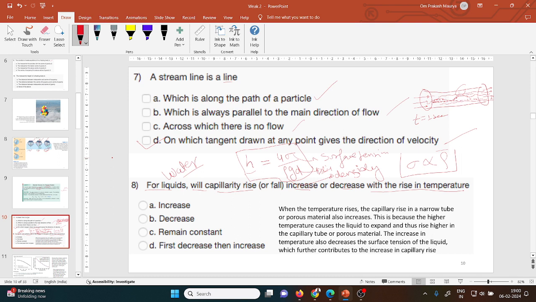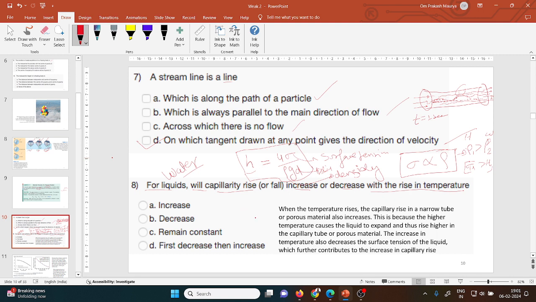After lots of experiments, we have found that if any liquid has more density, let's suppose rho 1 greater than rho 2, that is honey and water, then the surface tension in honey will be more than the surface tension in water, so directly proportional. For this formula you might be confused.